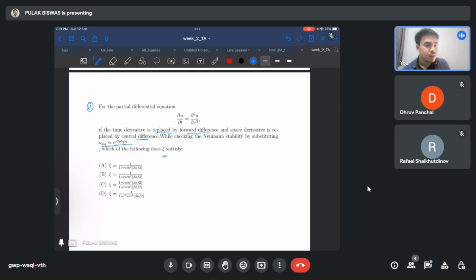So can you tell me the difference between different schemes like explicit, implicit, Crank-Nicholson?